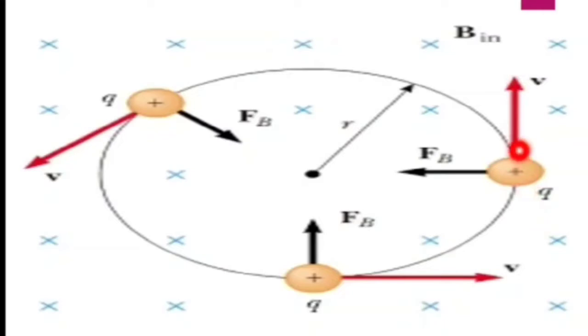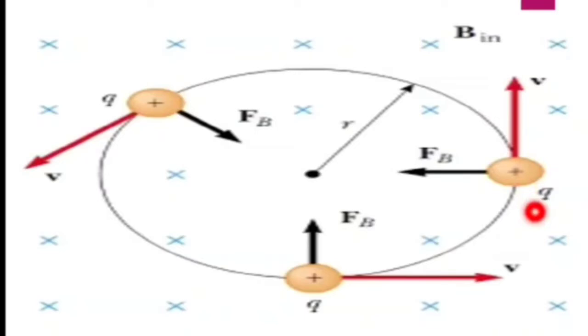Now the direction of the force experienced by this charged particle can be given by the screw rule. We know that F is equal to Q into V cross B. So the direction of force will be obtained from V cross B. To get the direction, we can use the right hand rule.